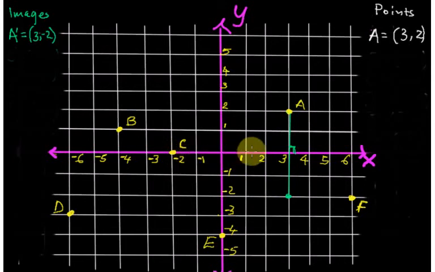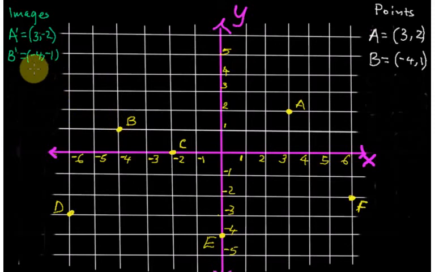So we are going to see the second one. The second one is B, which is at (-4, 1), and the image is going to be (-4, -1).